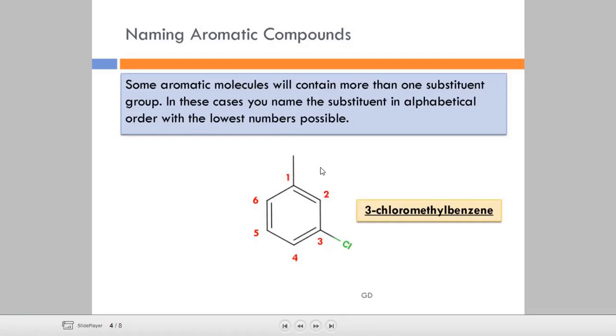Yeah, I think so. Yes? Any questions? I don't want to move on if anybody has any questions. Okay, just to clarify. So a carbon branch has priority over an atom of a different substance, right?